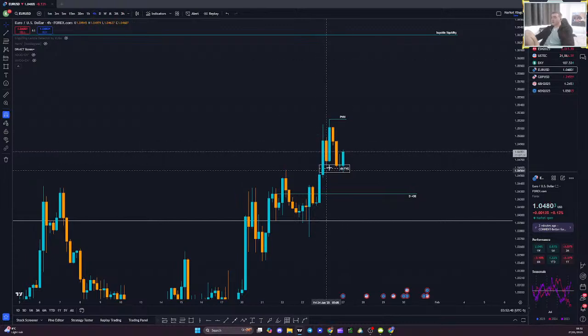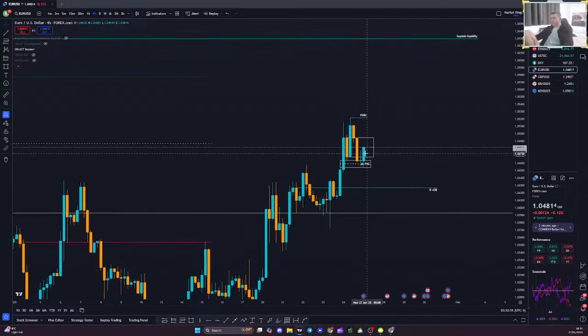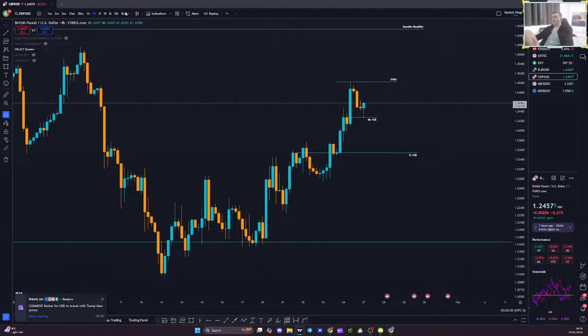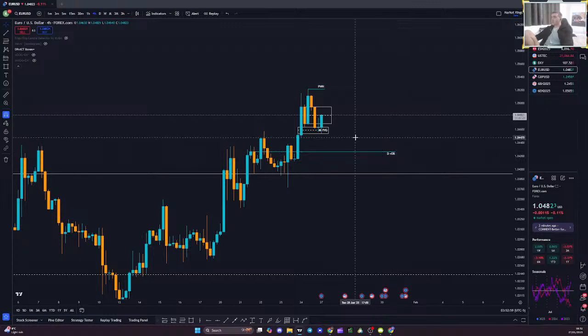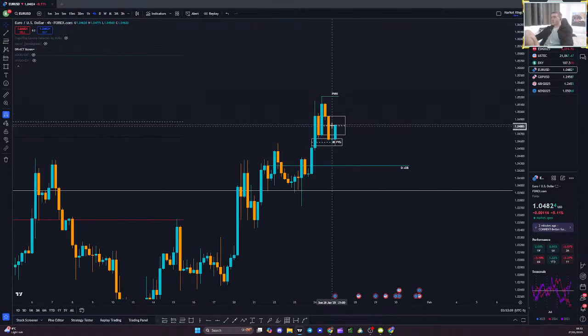We did have this high, then a higher high and a push lower, so I'm gonna be watching if this is gonna act as a breaker block, or do we just push right through it. Don't get me wrong, we might still see us go lower to then go higher.